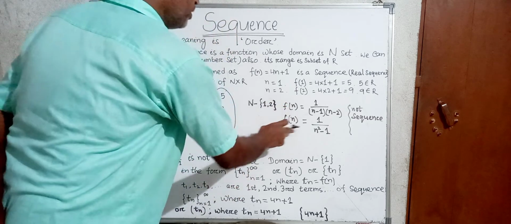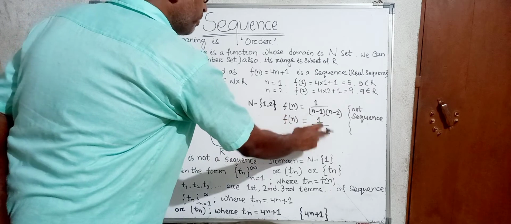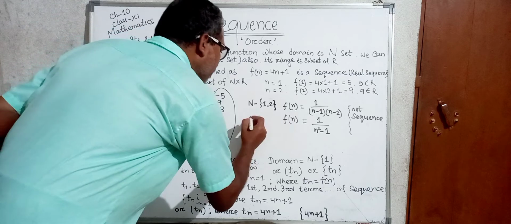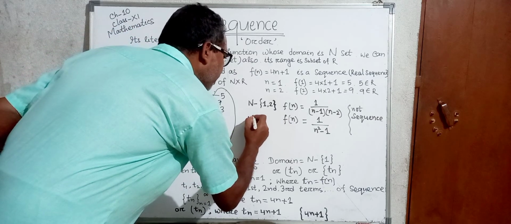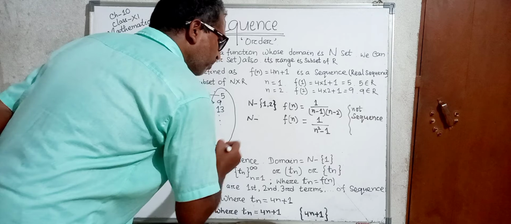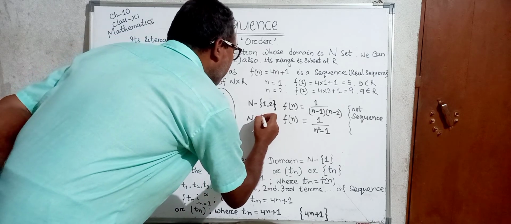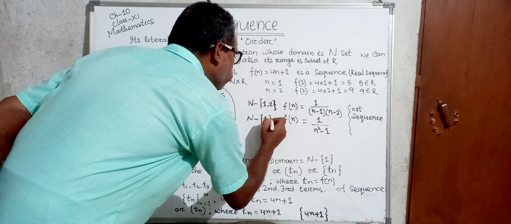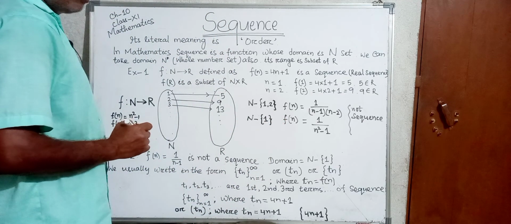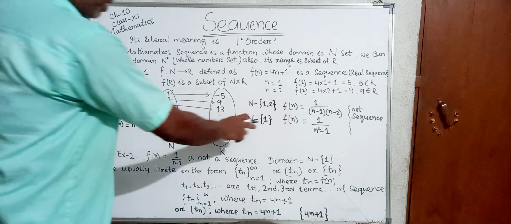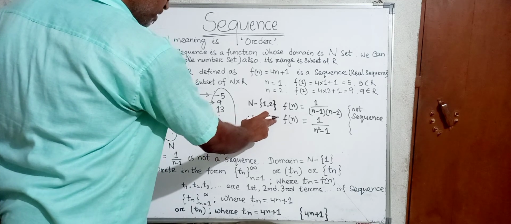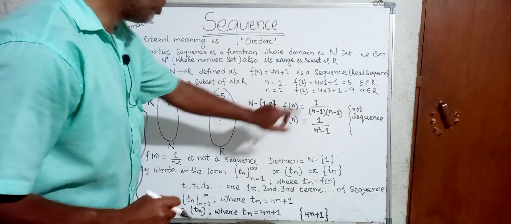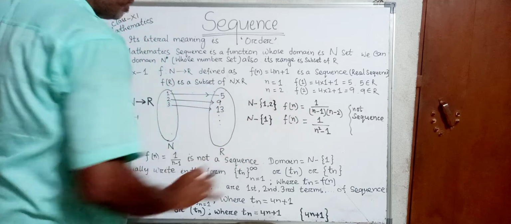Here f(n) = 1 by n square minus 1 is also not a sequence, because here the domain is N difference the set having element 1. So that is why these are not sequences. These are not examples of sequence.